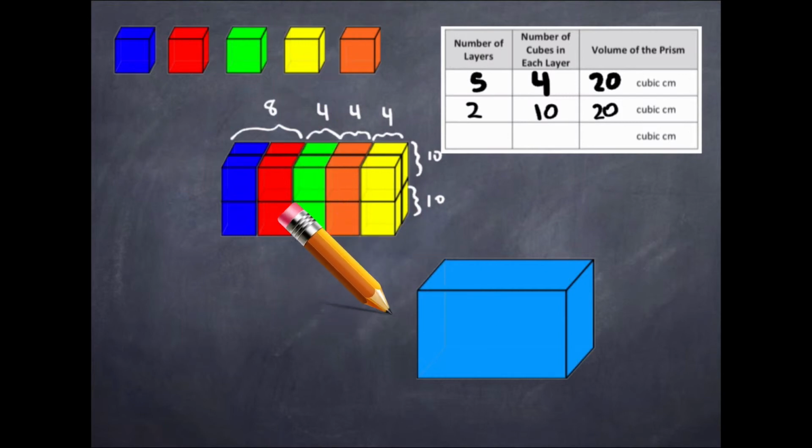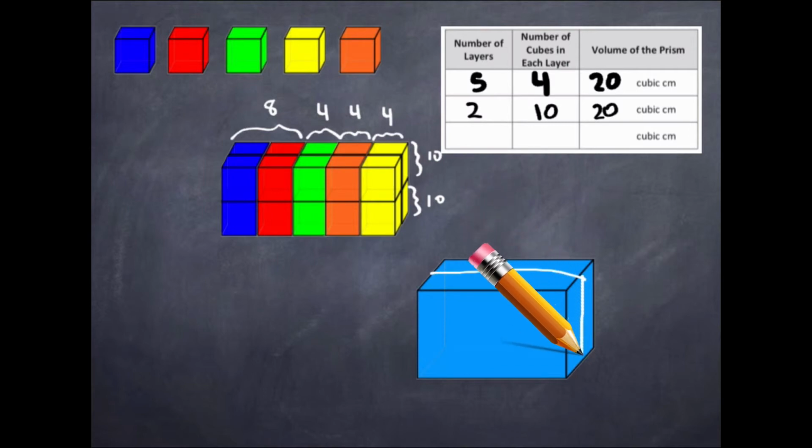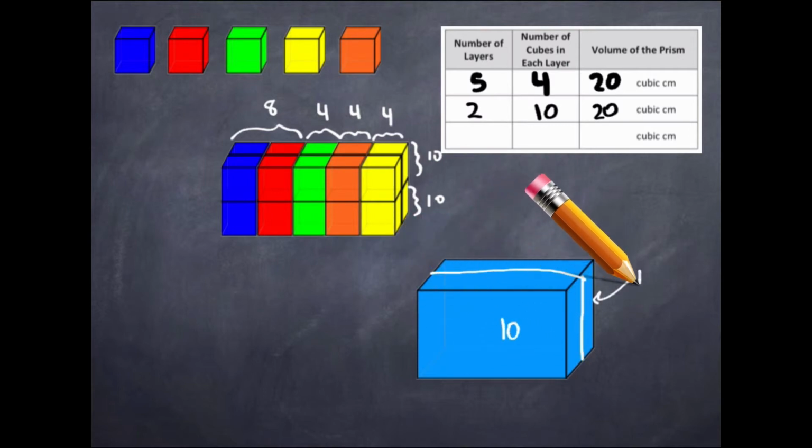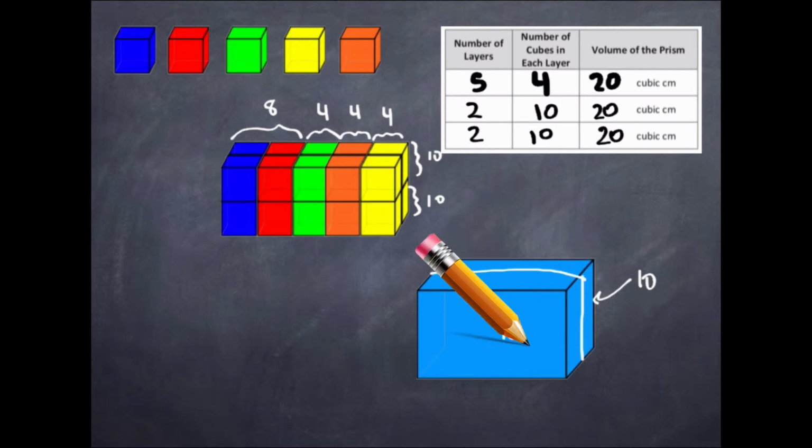There's actually one more way we could split this up. Can you guys think of another way that we could split this up to show different layers, or different ways that we could split this into those cubic centimeters? Yeah, I could split it basically down the middle here. Okay, so that would mean I would have 10 on this side, and I would have 10 on this side. 10 and 10 would make those 20. So I would say that I had 2 layers, 10 in each layer, which would be 20 cubic centimeters. So basically we're splitting it front to back, right?